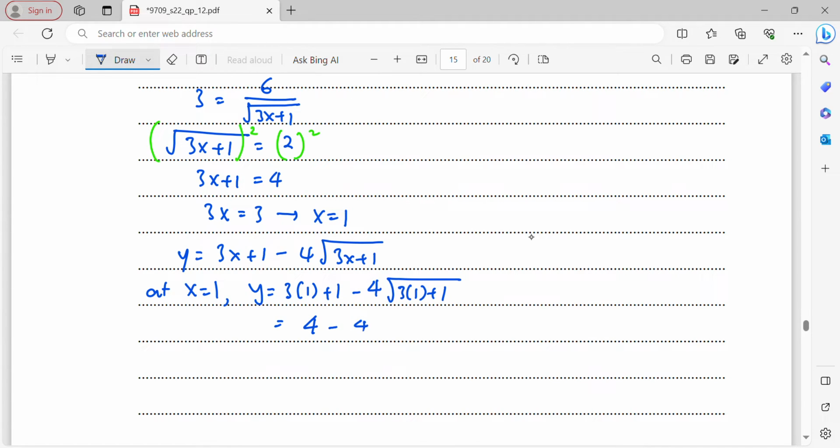So minus 4 square root 4. So 4 square root 4 is 8. So 4 minus 8, it will be minus 4. Okay, therefore, the stationary point is x is 1, y is negative 4. So that's the first part of the question.